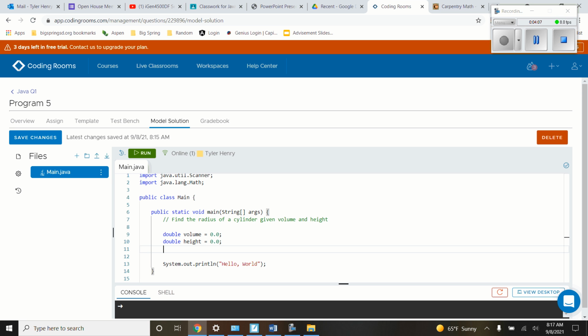Okay, so I'm going to have a variable called, maybe I'll call it volume divided. So that'll be what I get after I divide that. I'm going to have a variable called R2 as in R squared.